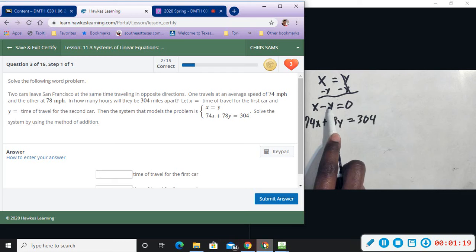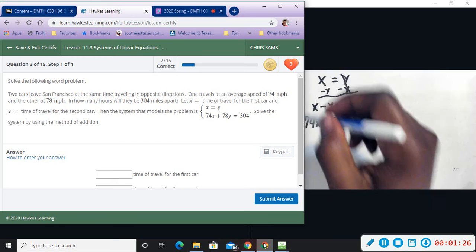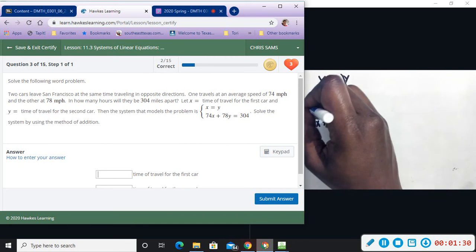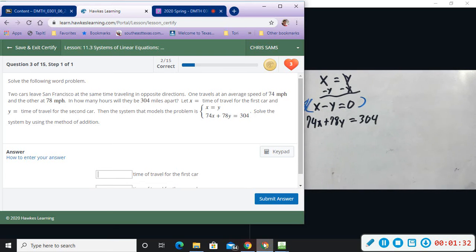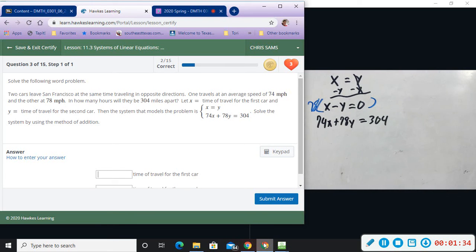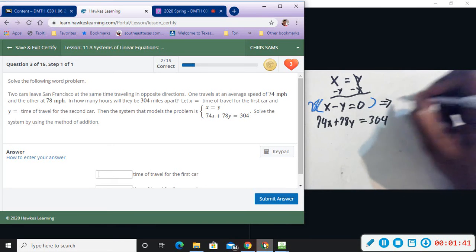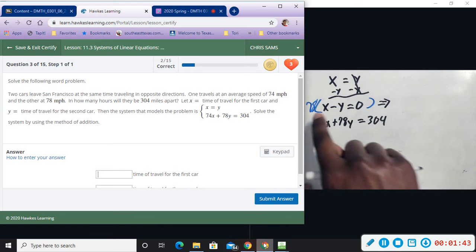I just need this number to be a 78. In order to make that happen, I need to multiply this equation here by 78. And remember, all terms get multiplied by 78. Okay, so doing that, this is an arrow with an arrowhead, kind of like an equal sign, but saying going from here to here.